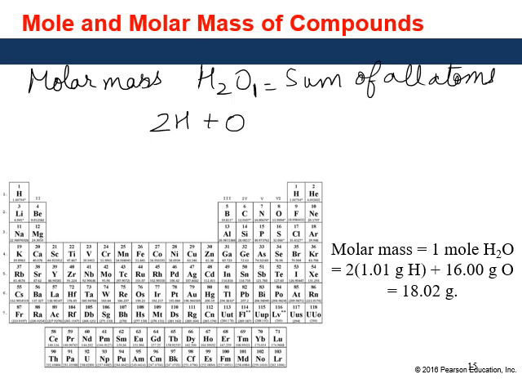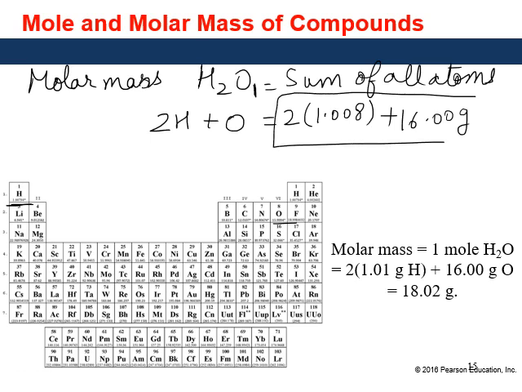So you take the mass of all of these. How much does each hydrogen weigh? It weighs the number that's written right here. Each hydrogen weighs 1.008. So 2 hydrogen atoms would weigh twice of that, so 2 multiplied by that, plus each oxygen weighs 16.00 grams. When you add all the masses of atoms together, that gives you the molar mass of water.